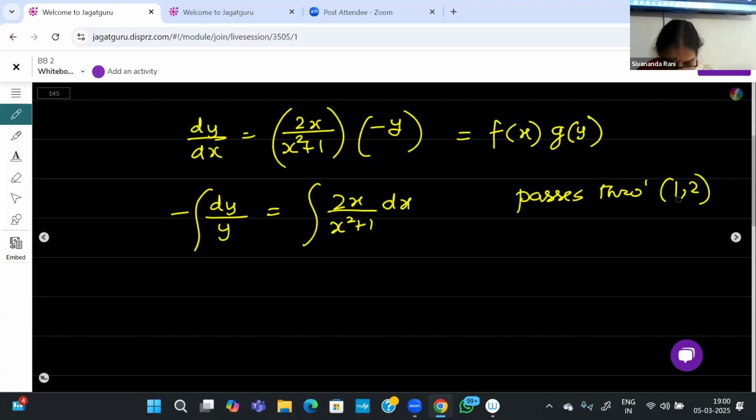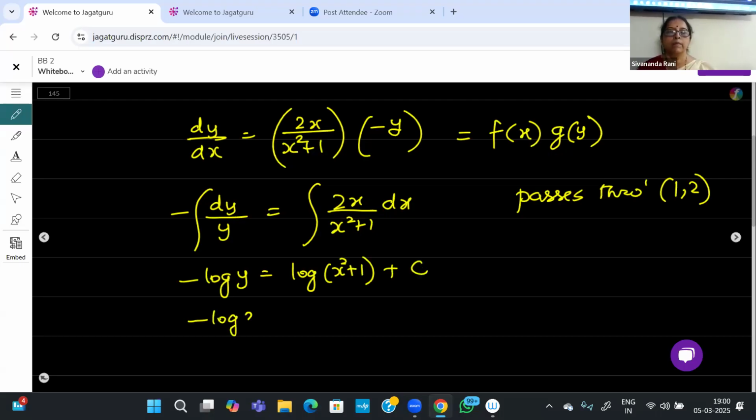What did you get as the C value? Did anyone get this? Log of 2 power, log 1 by 4. Is it okay?